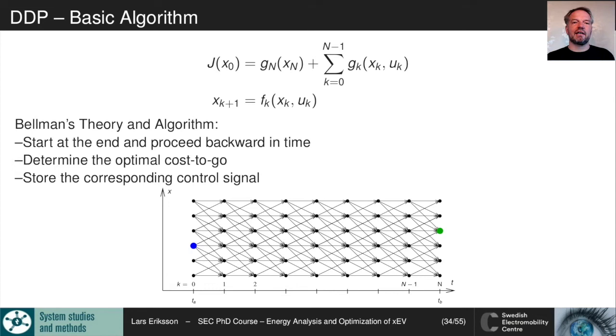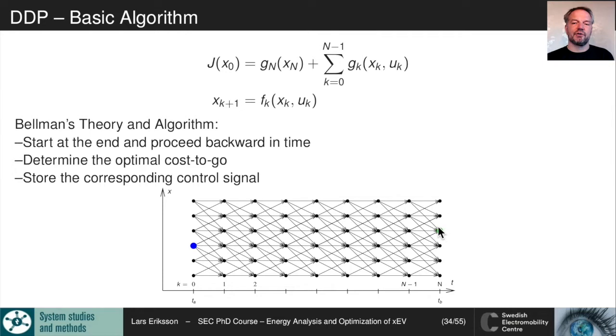Coming to the basic algorithm, what Bellman realized was that we can solve for something that's called the cost to go function. And he realized that instead of focusing on getting from the start to the end, we can, by starting in the end, build up in a systematic way a cost to go function. We start at the end and then we proceed forward and we determine the optimal cost to go.